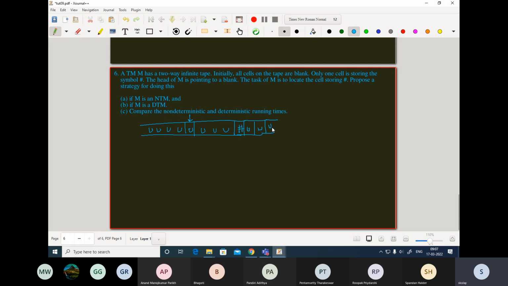And the objective is to locate this hash symbol. So you are at some point. The first question is, if it's a non-deterministic Turing machine, what is your strategy? If it's a deterministic Turing machine, what is your strategy? And time comparison.